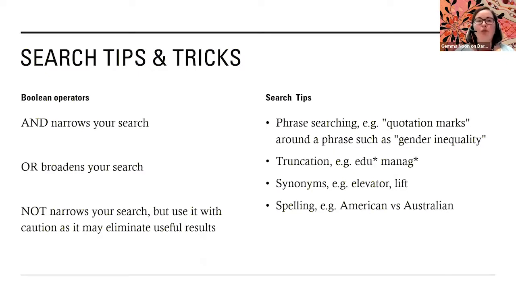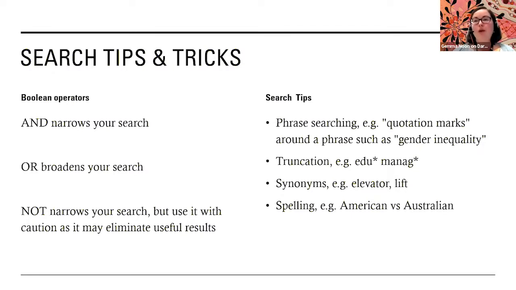That can be quite useful sometimes if you have a list of synonyms on a concept or a topic, and you just want to see all of the information that's out there about that topic. So you would do a broad search linking your synonyms with or. And not is also a way of narrowing your search, but please use it with caution because that can actually exclude certain results, and it could potentially also eliminate useful results as well.